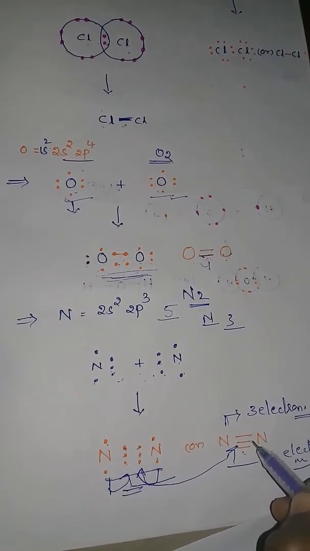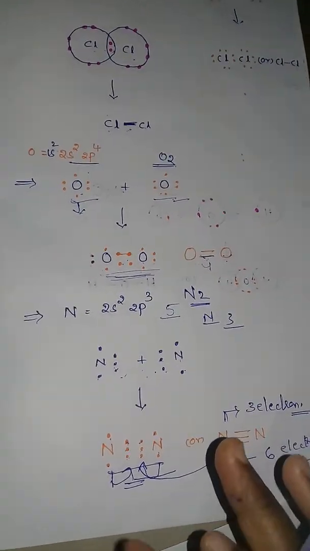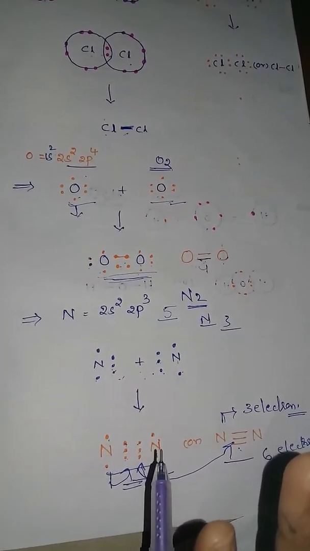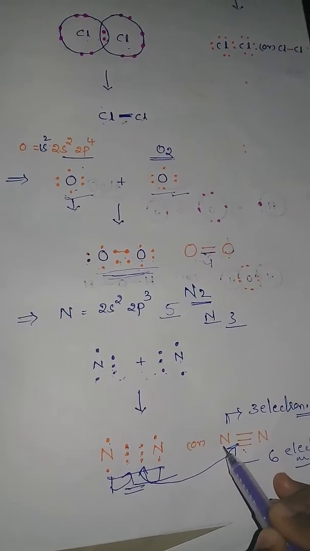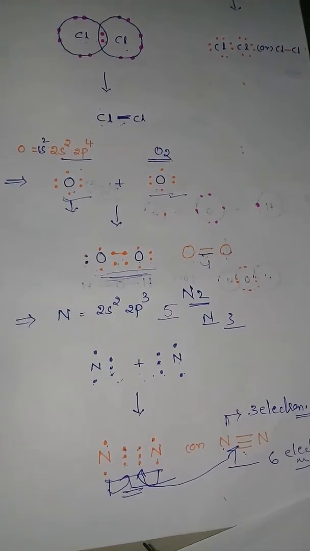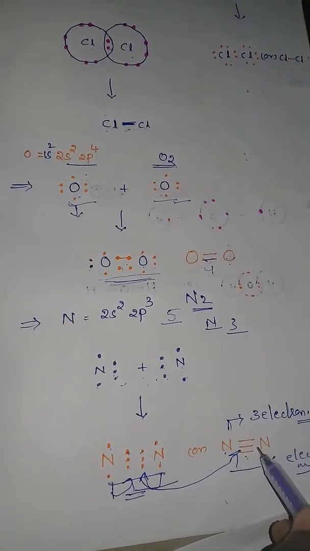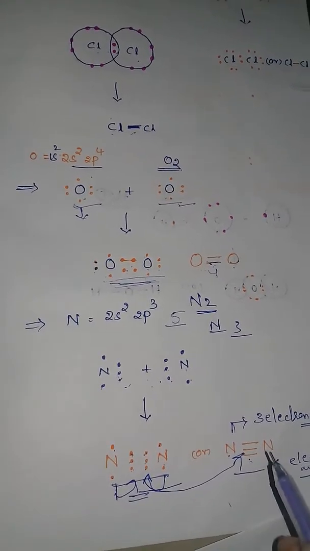These 2 nitrogen atoms share 3 electron pairs.